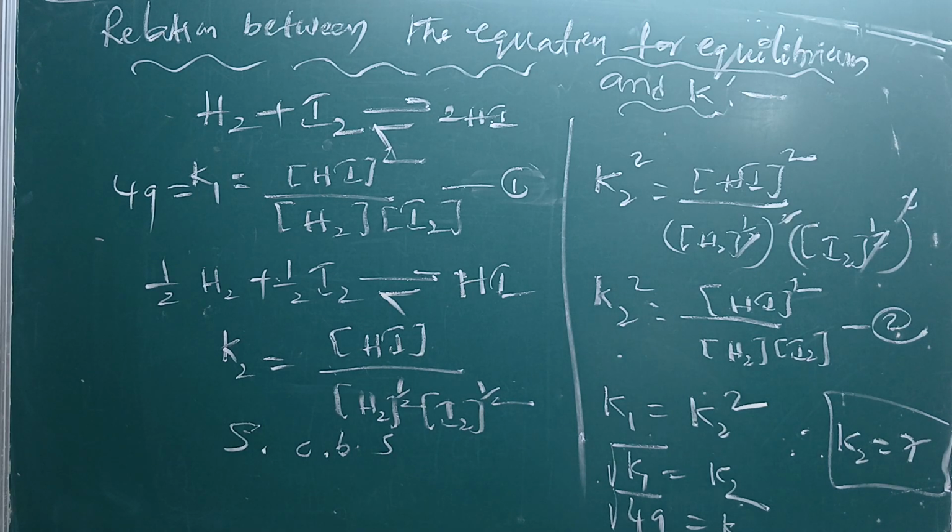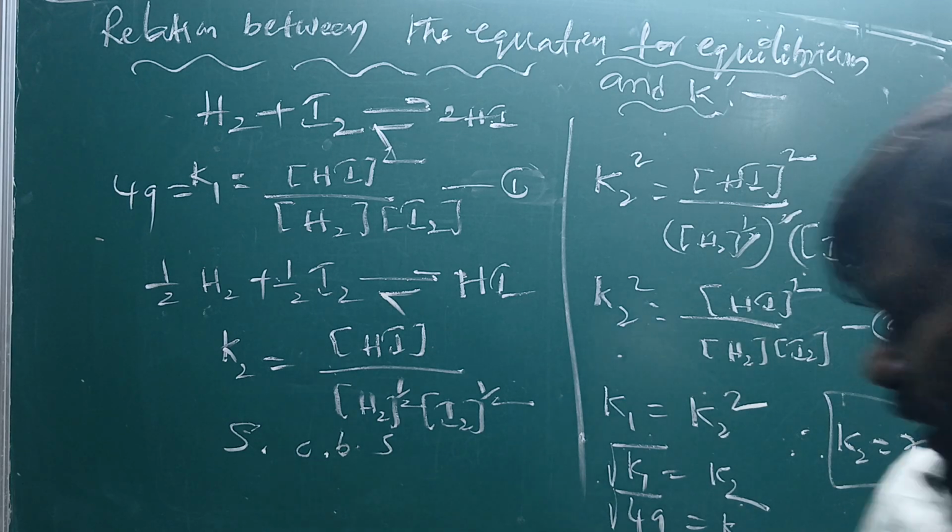And one more is there, that is if K is the equilibrium constant for a particular equation, then the equilibrium constant is multiplied by the first equation. You can observe, now I am taking one more equation here.